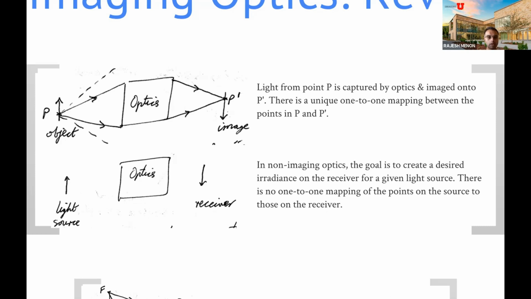But the common thread in imaging optics is that there is a one-to-one mapping from the object to the image space. Let's see, there's a one-to-one mapping in imaging optics.